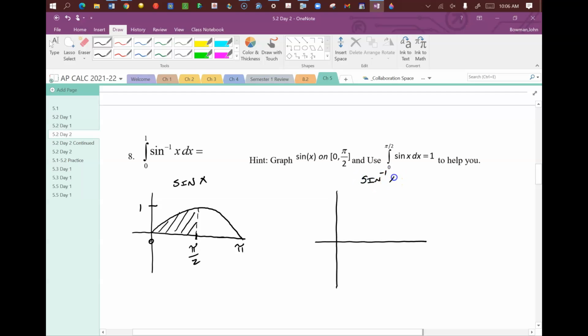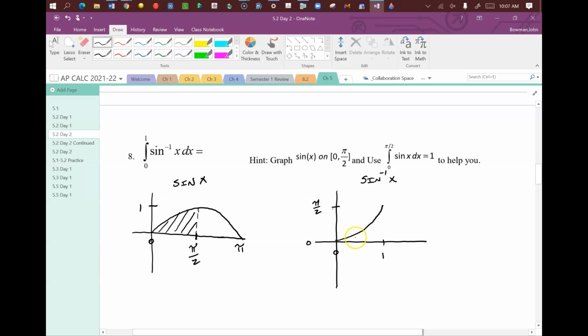So the inverse sine of x, instead of going from 0 to pi over 2 on the x-axis, is going to go from 0 to pi over 2 on the y-axis, and instead of going from 0 to 1 on the y-axis, it's going to go from 0 to 1 on the x-axis. Now, you're going to have to fool around with this or think carefully about it, but what the graph actually looks like when you reflect it over the line y is equal to x is like that.